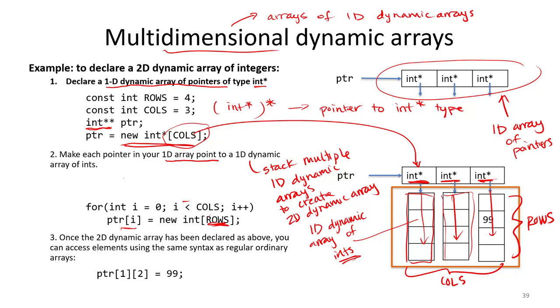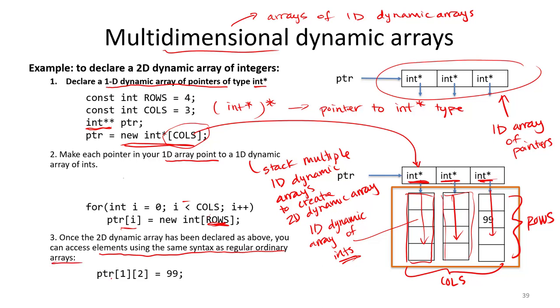So declaring the 2D dynamic array is a little bit more work, because you have to declare these two separate things, the array of pointers and then the arrays of individual ints. But once you've declared this 2D dynamic array, then you can access elements using the same syntax as ordinary arrays.